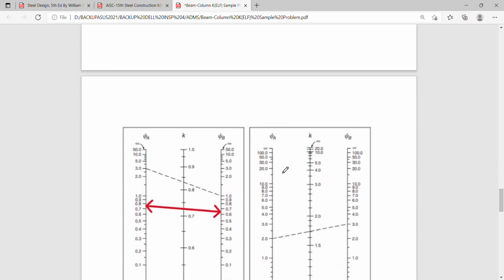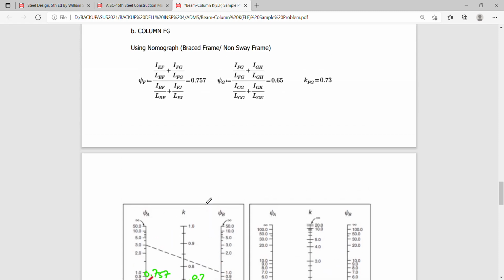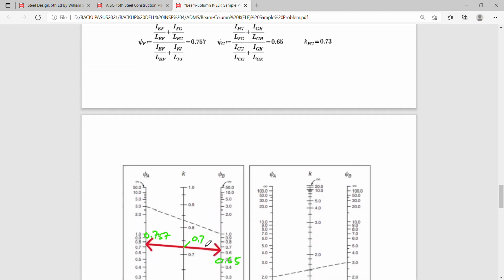So I just plot 0.757 and here my 0.65. So my K value crossing the K line here becomes more or less 0.725, or 0.73 as given here in the lecture.